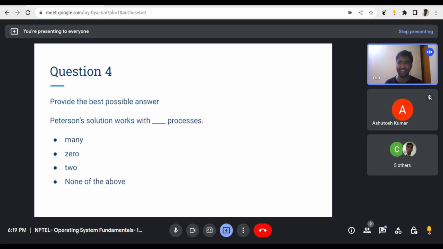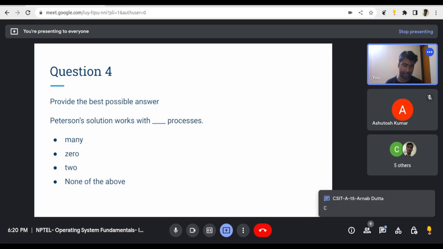Peterson's solution works with how many processes? Many, 1, sorry, 0, 2, or none of the above. Okay, I got one answer. Anyone else? Anyone else would like to contribute? Okay, I got 2 answers.